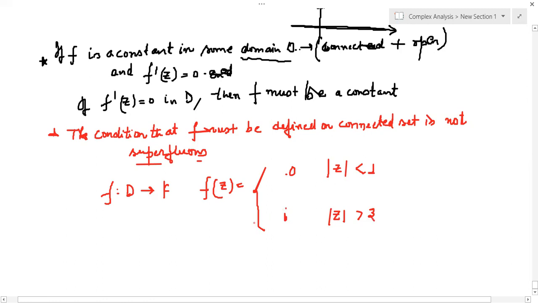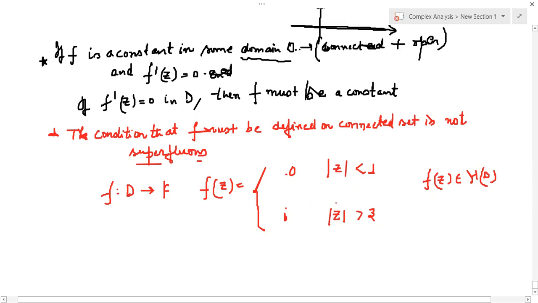This is f(z). And we know that a constant function is analytic. So f(z) clearly belongs to the set of analytic functions. That's not a problem on the given domain. And the domain is not connected, that is clear.